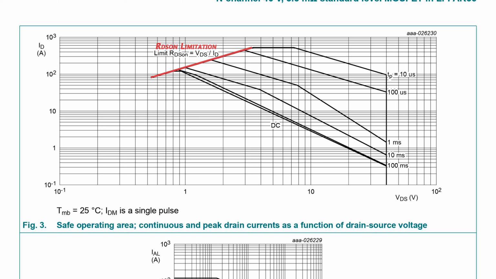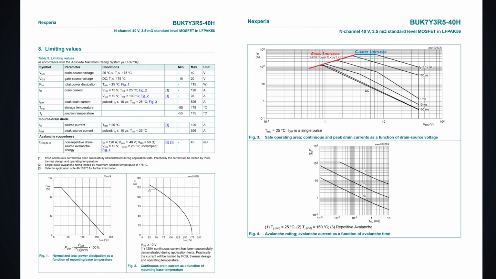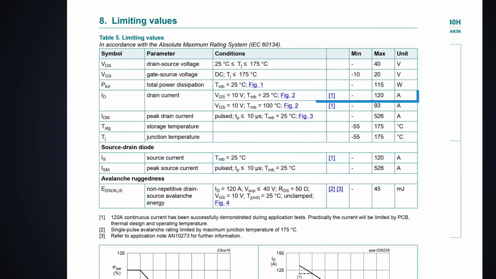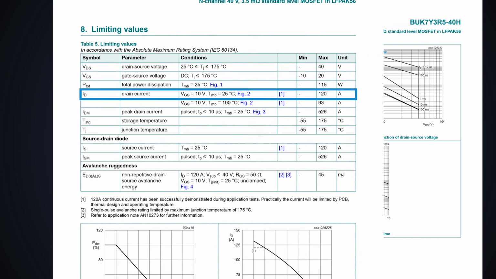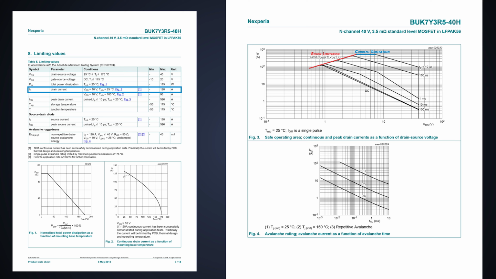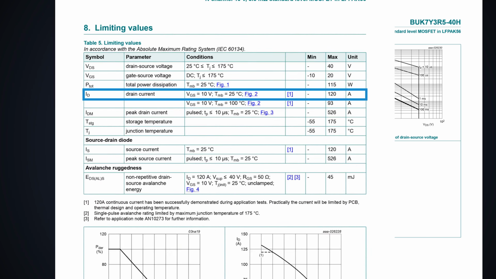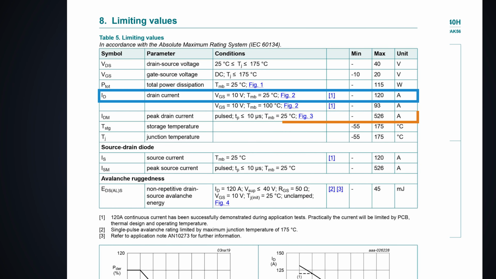The next limitation is given by the current, which is around 500 amperes when you see it in the graph. But if you see the datasheet of the MOSFET, its continuous drain current carrying capacity is only 120 amperes. Then how does it go up to 500 amperes? Well, we are forgetting the peak drain current which we measure for 10 microseconds or lower.